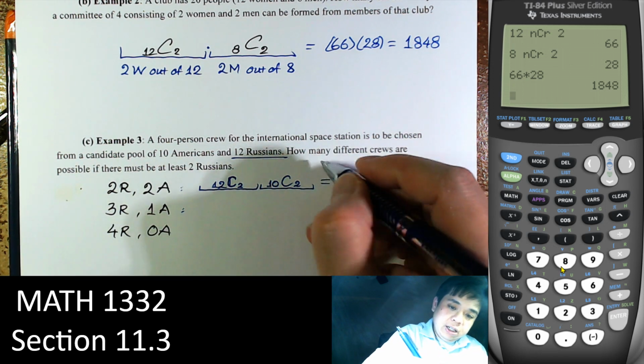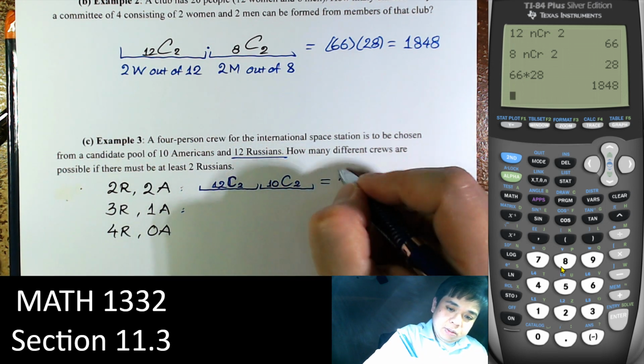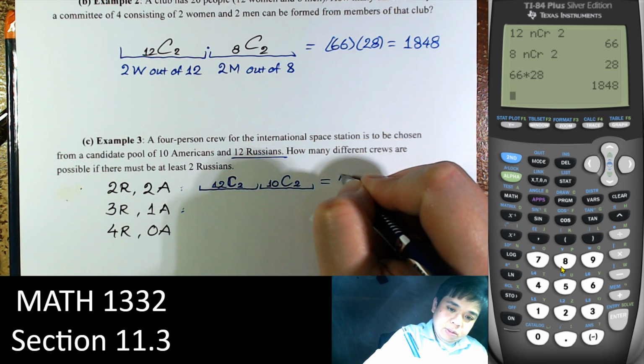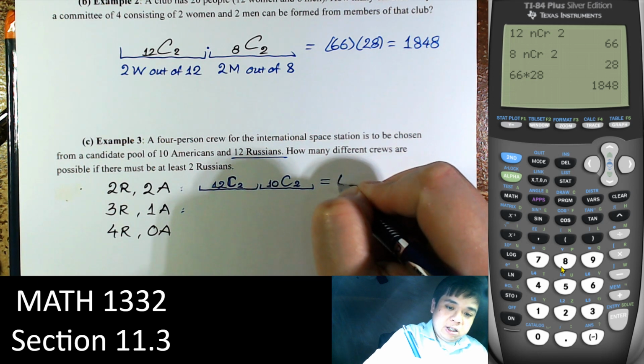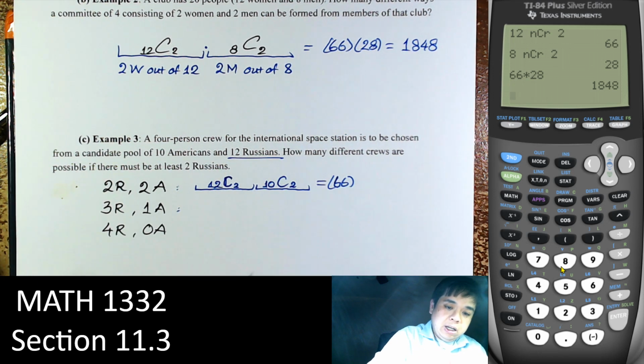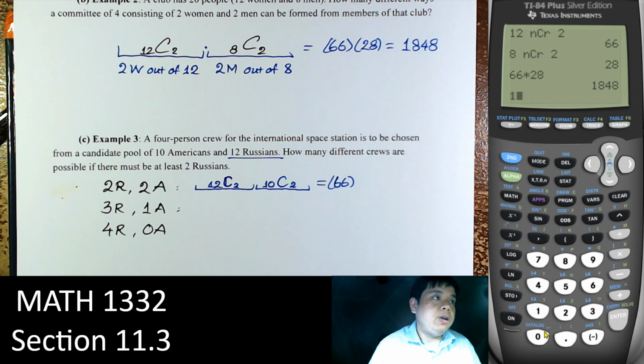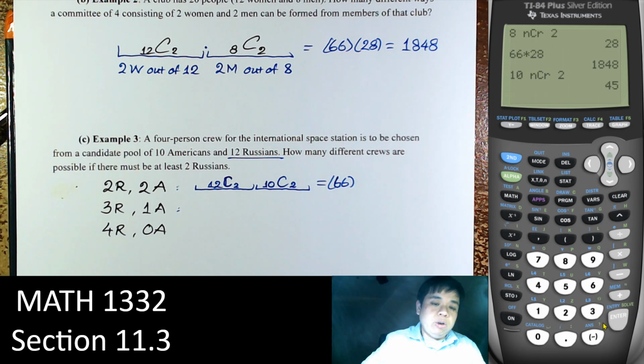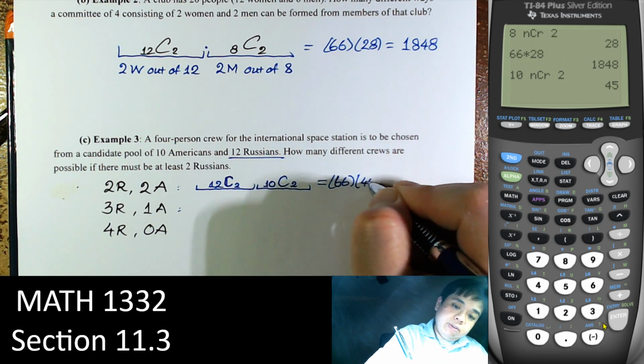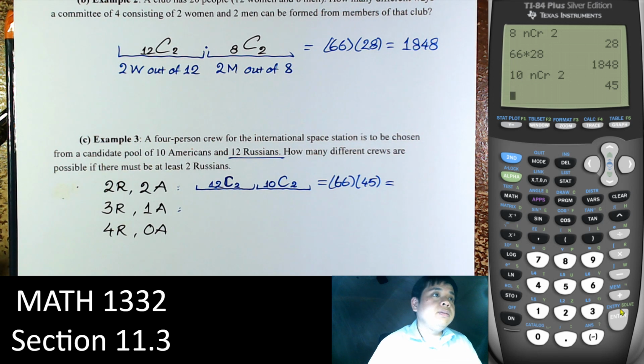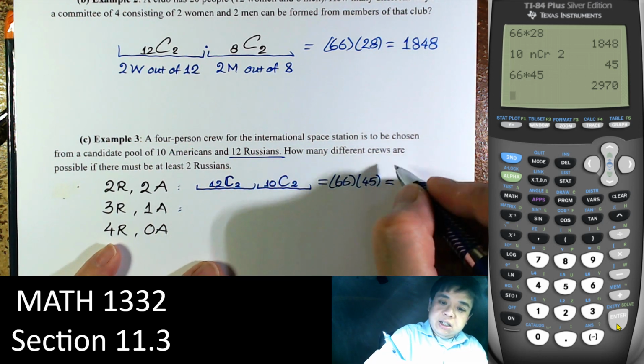That would be 66. And 10C2, 45. 66 and 45. That's 2970.